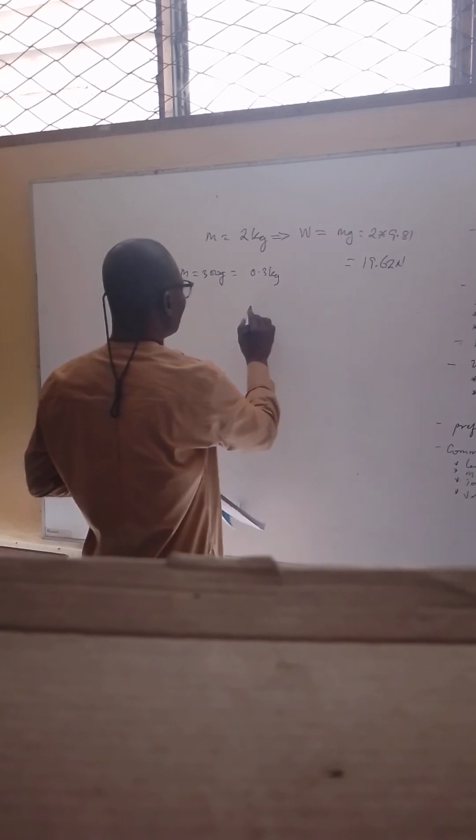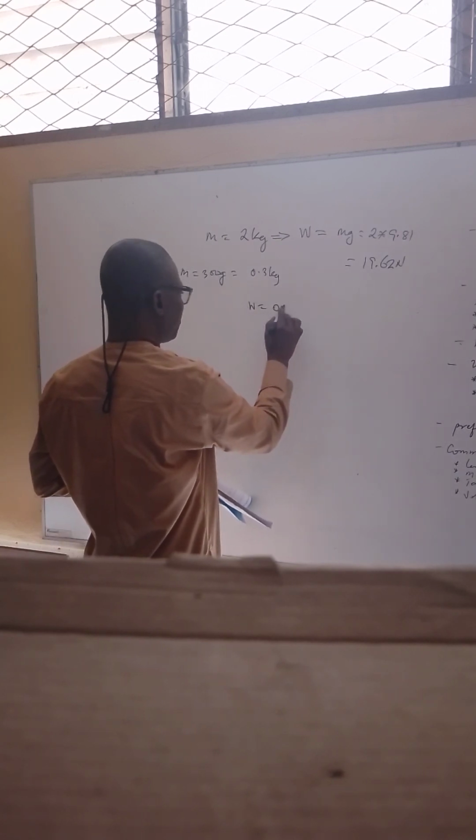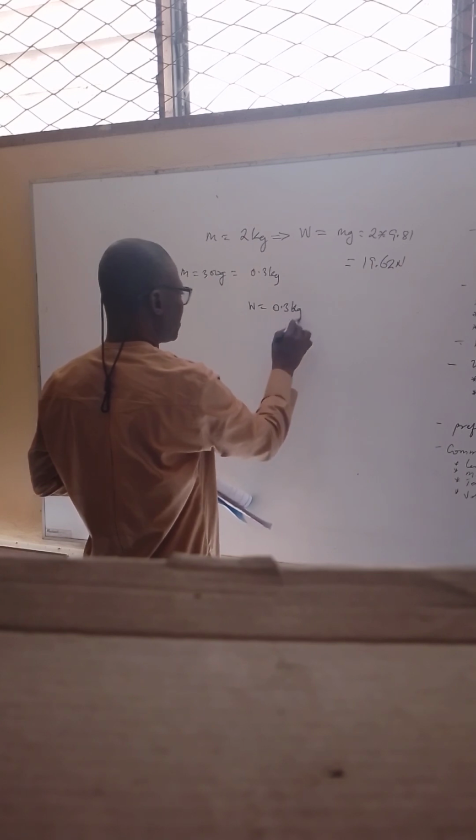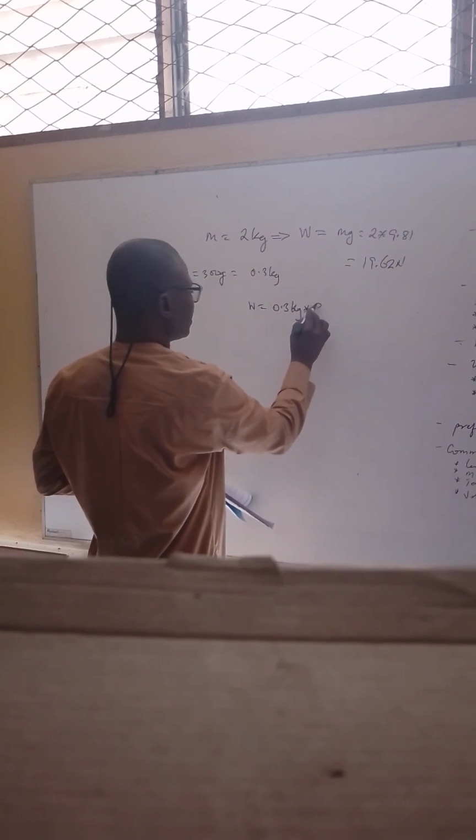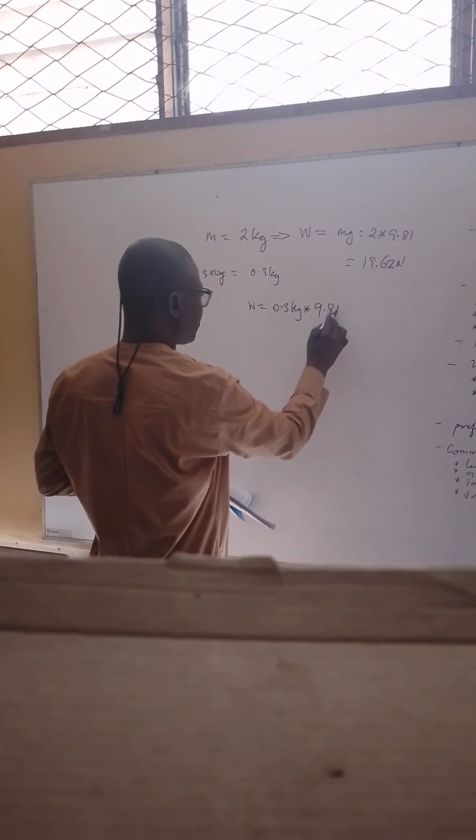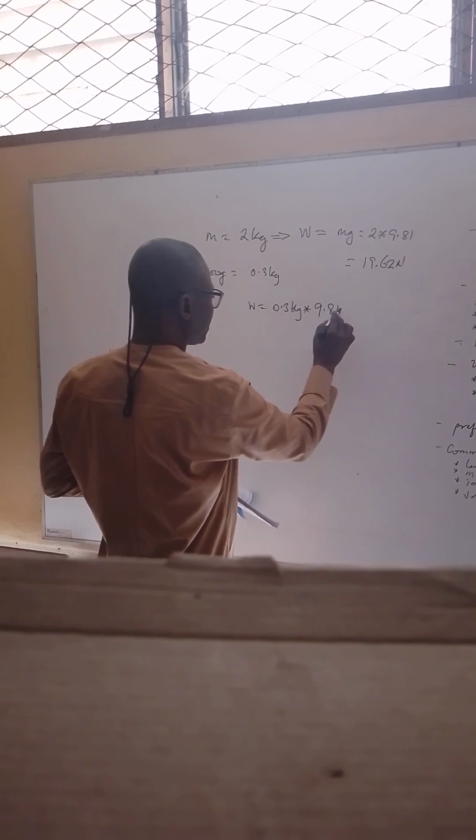And then the weight will be equal to 0.3 kilogram multiplied by acceleration due to gravity, which is 9.81 meter per second square.